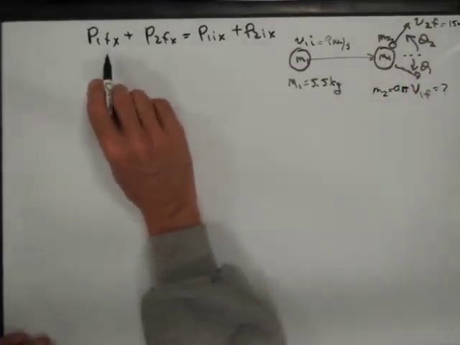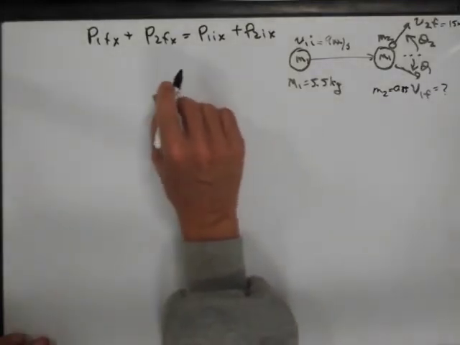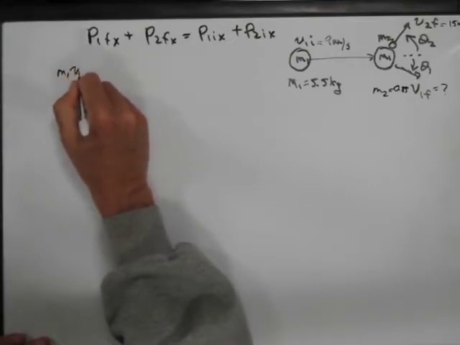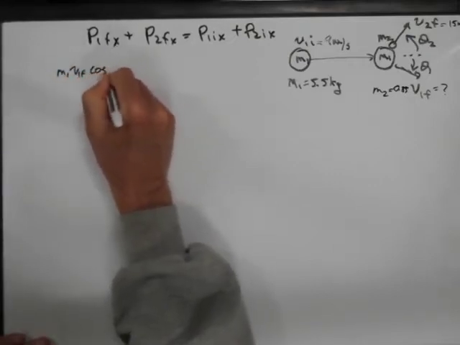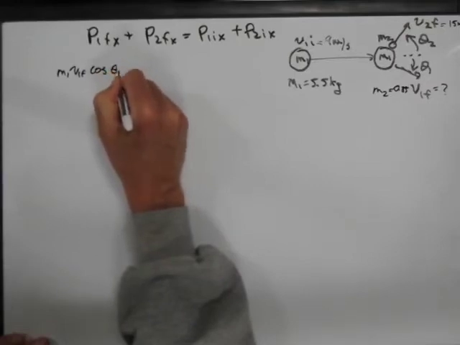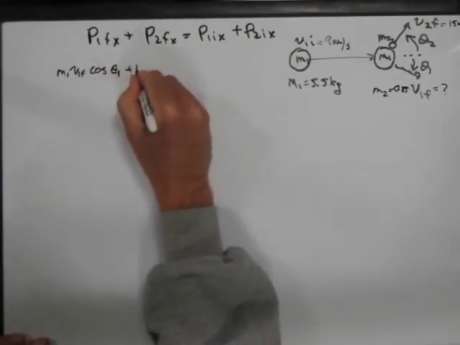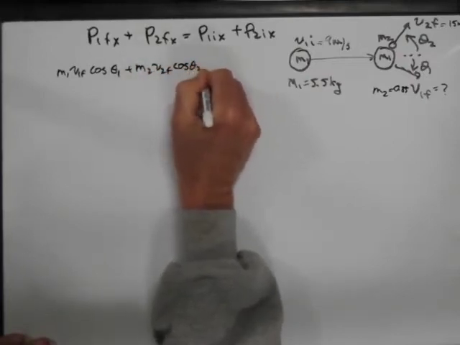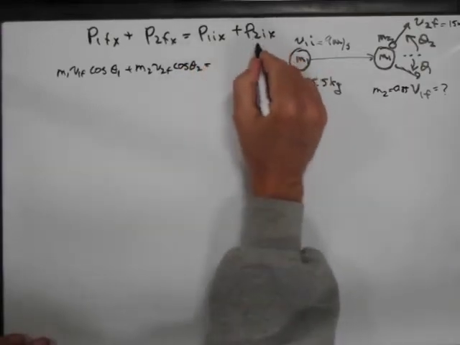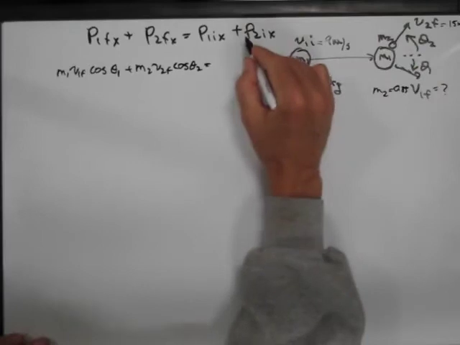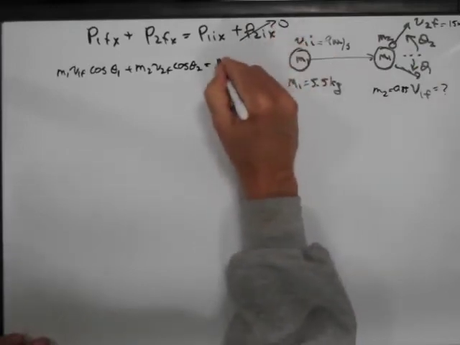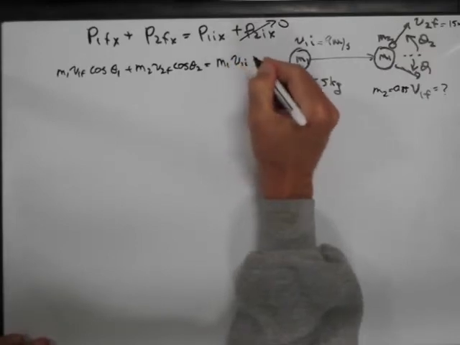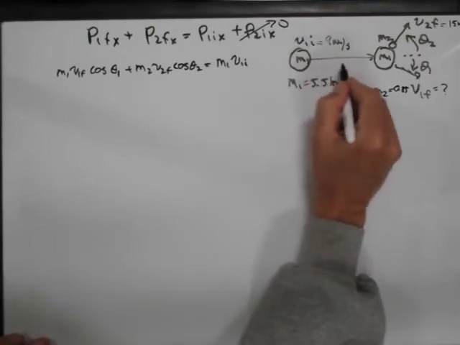On the previous video, we broke it up into x and y components, and now I can say, look, this becomes M1 V1 final cosine theta 1 plus M2 V2 final cosine theta 2 equals, and since the pin starts out with no velocity at all, this guy's just 0, and this is M1 V1 initial, right? That's just, this guy's going right along the x-axis.